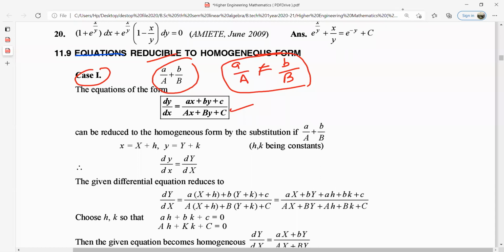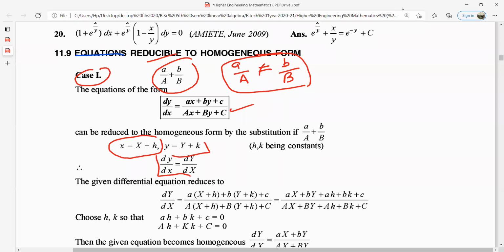You have to given in this form of the first order linear differential equation, and you have to assume small x equal to capital X plus h, small y equal to capital Y plus small k, and again differentiate both, and after that we get this expression small dy by dx equal to capital dy by dx.